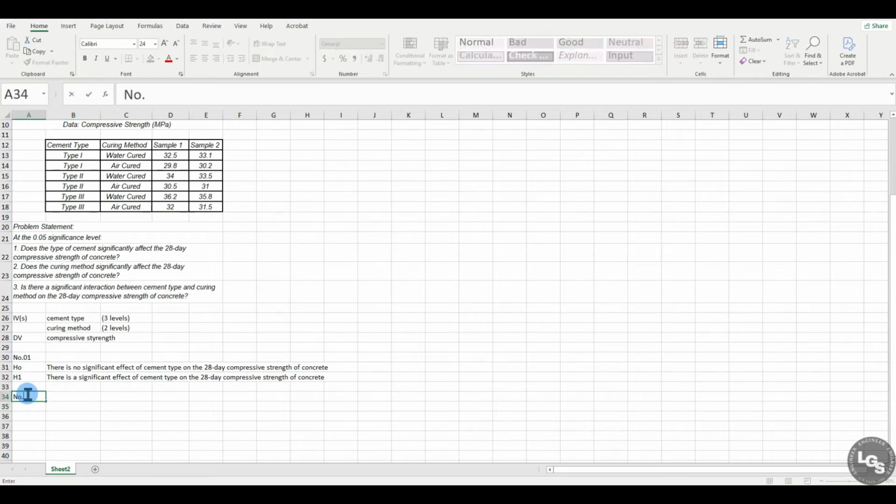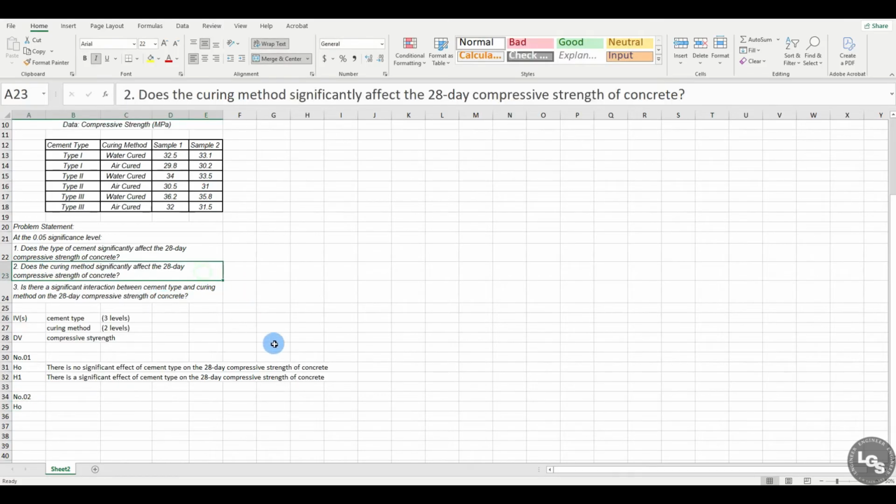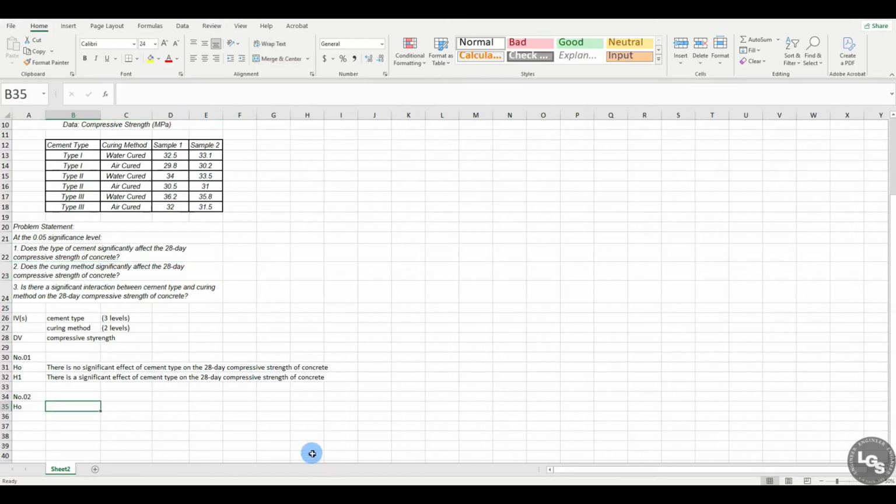For the number 2 question, there is another set here of the null hypothesis and alternative hypothesis. So let's read the question number 2 again. Does the curing method significantly affect the 28-day compressive strength of concrete? So the independent variable now here will be the curing method.